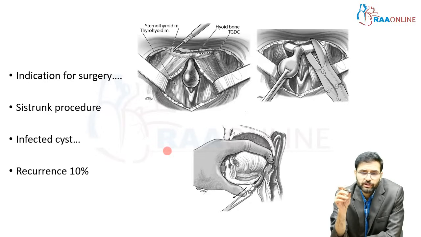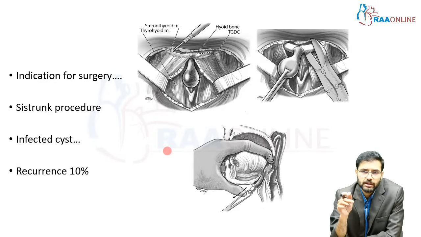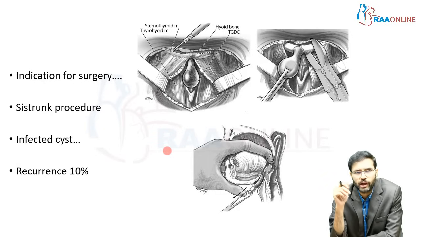In a Sistrunk operation, a transverse neck crease incision is made over the cyst, with the child positioned with a head ring, neck extension and head turned, like a Rose position. The incision is deepened, and the strap muscles are split, including the sternothyroid and the thyrohyoid.